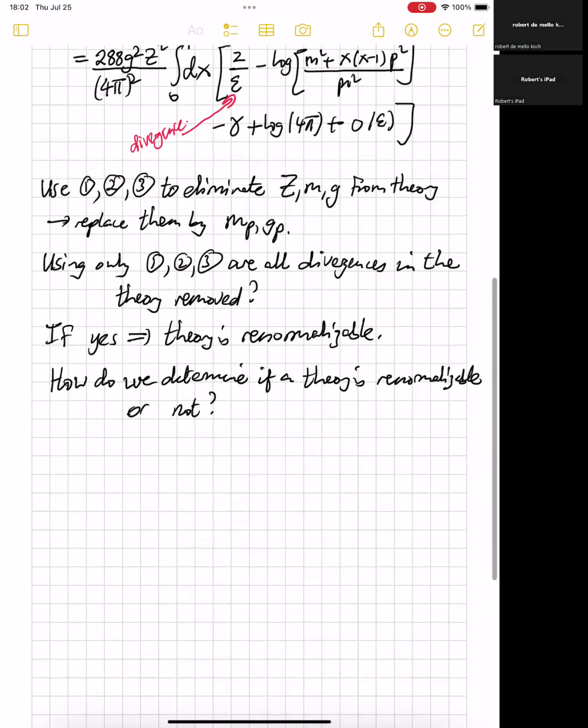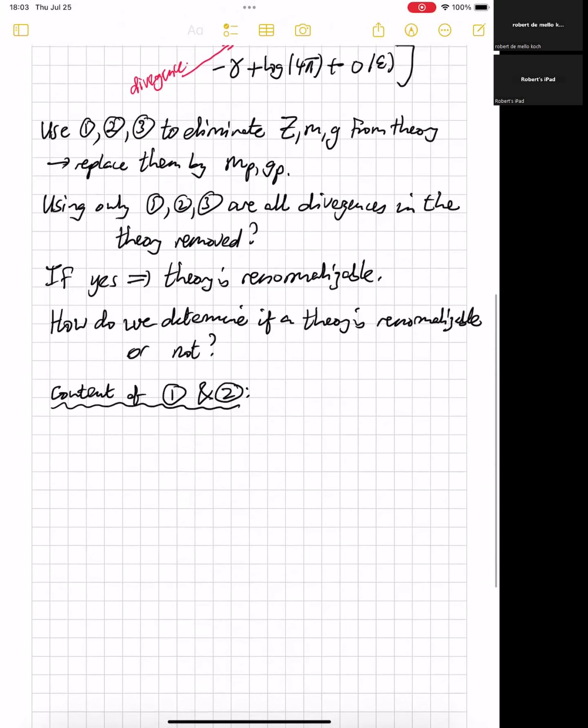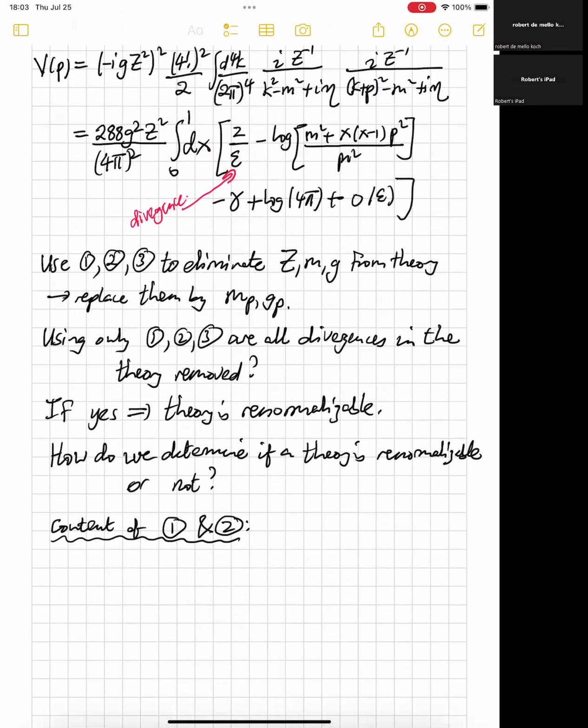Okay, so first an observation. I want to summarize what is the content of condition 1 and condition 2. So I really want to understand what they're telling us. Okay, so first of all, I should say these are the questions that I want to answer.